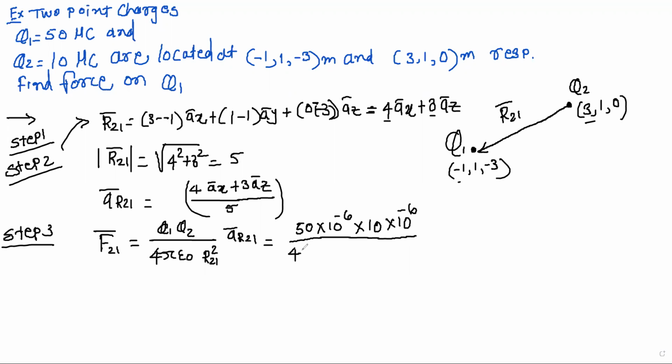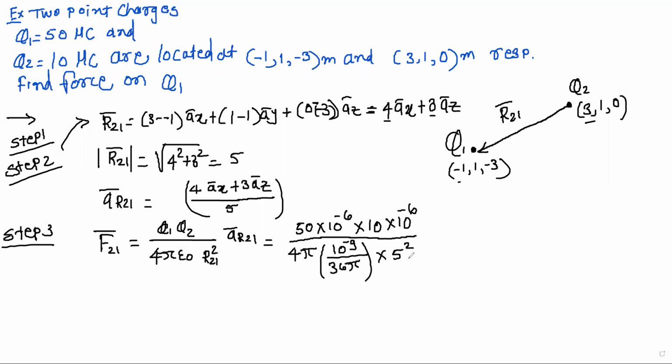4 pi epsilon naught. Value of epsilon naught is 10 raised to minus 9 upon 36 pi. I told you this constant yesterday, right? So this is the constant, or you can say permittivity for free space, right? So epsilon naught is 10 raised to minus 9 upon 36 pi into 5 square.